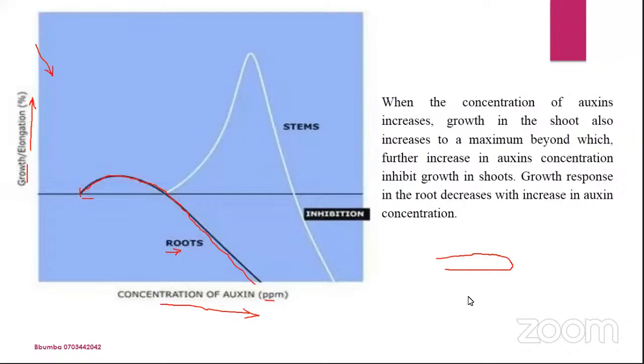If this is the shoot, now this is the root. Remember how geotropism makes the root bend. The root is horizontal like this. Auxins are going, so you're going to have just like a bottle. I gave an example of a bottle.